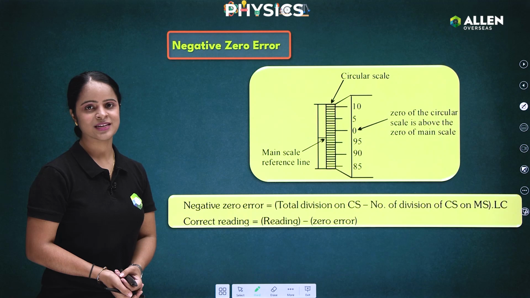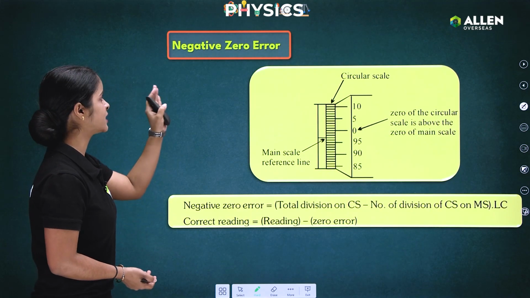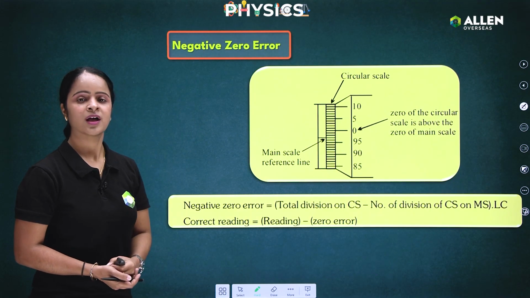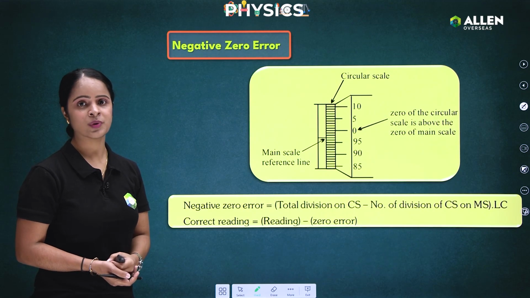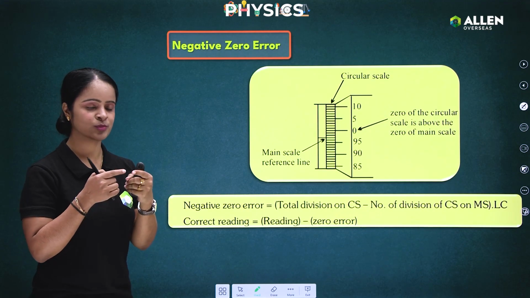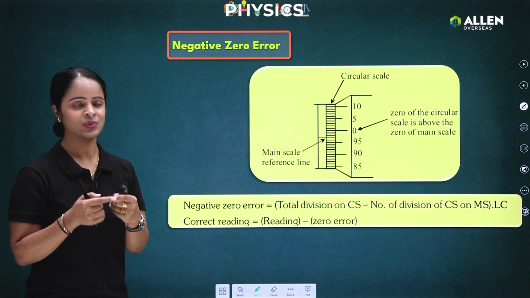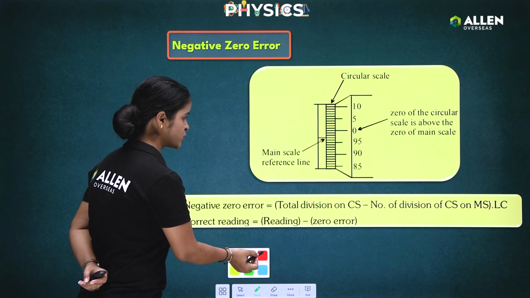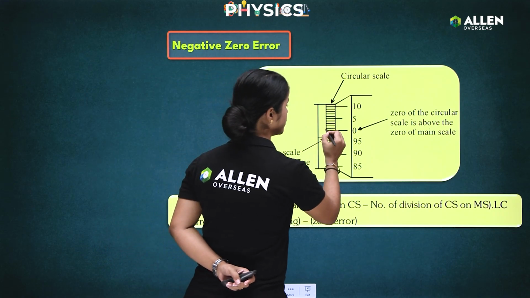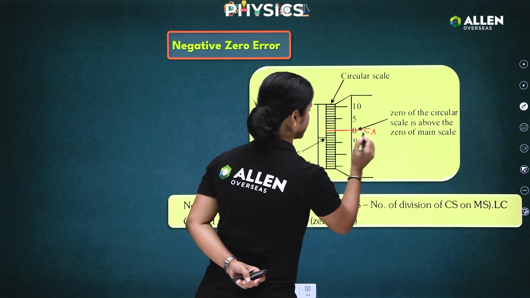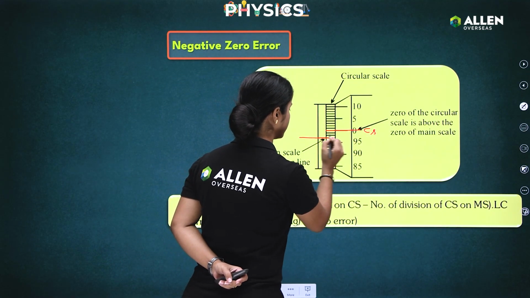In this slide, we are going to study negative zero error. Again, we need to focus on one point: there should be no object present between the two jaws of this screw gauge. In this situation, you will notice zero of circular scale is above the zero of main scale.